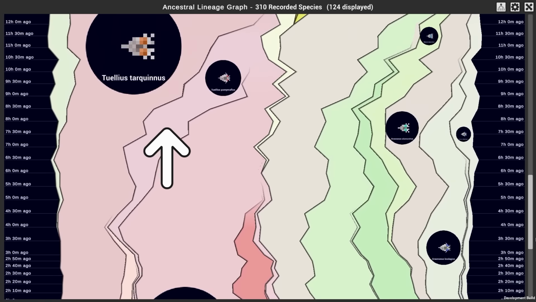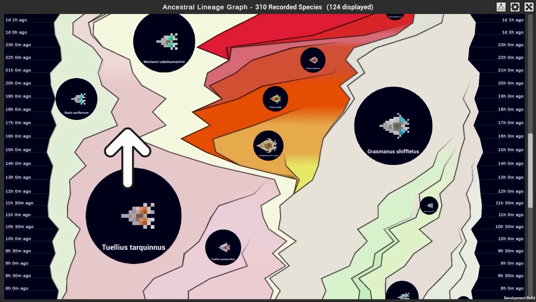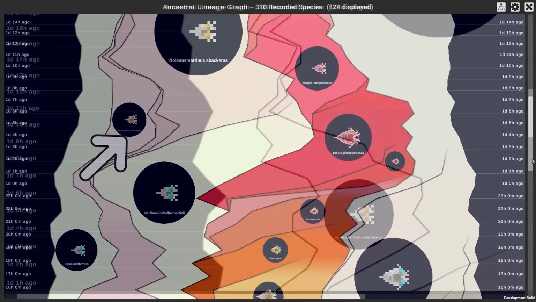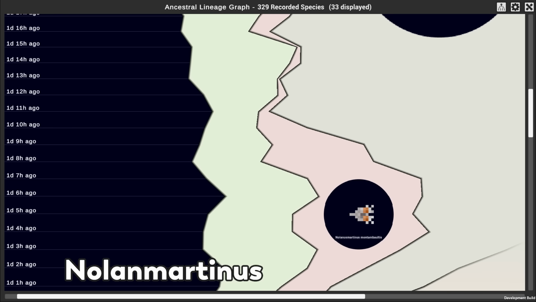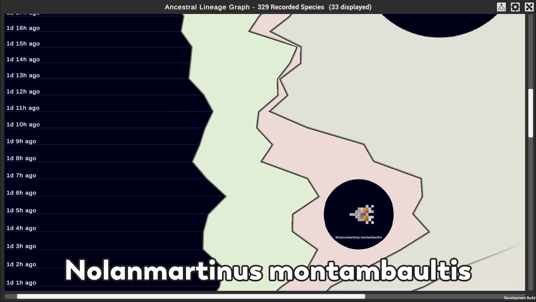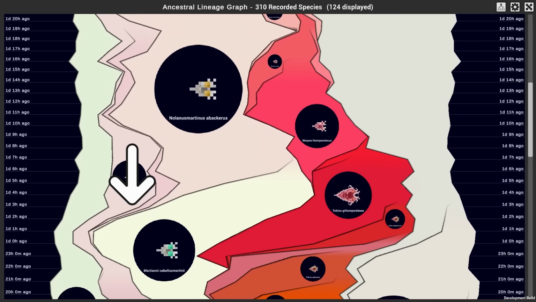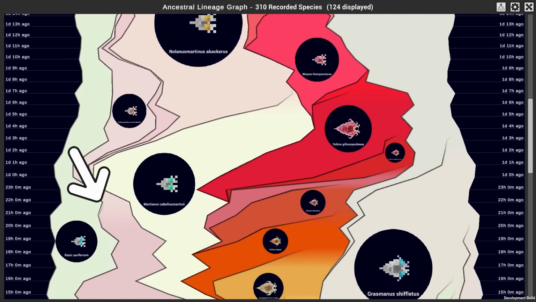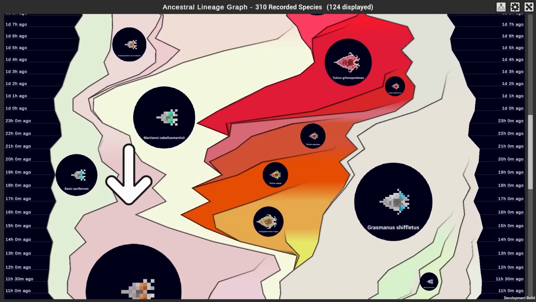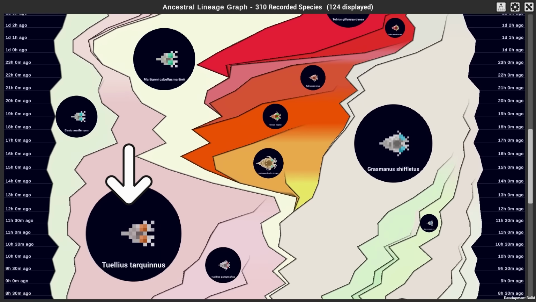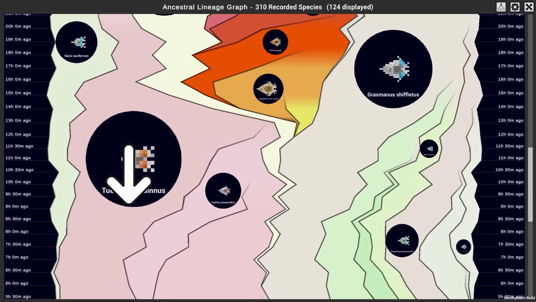It's also pretty crazy to look at that new lineage history and see that their ancestor, Nolan Martinus Montamboltus, what a name, almost went extinct, being down to only one alive member. And still they managed to climb back up the evolutive ladder and bring to complete extinction the two lineages that used to bully it.